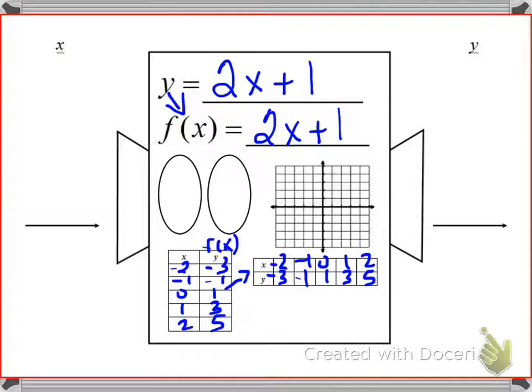And then we can go ahead and graph that information. Remember, these are multiple representations, so we are just showing the same information a variety of ways.